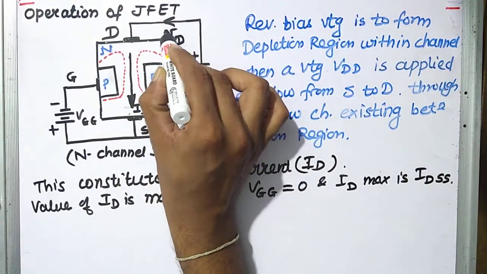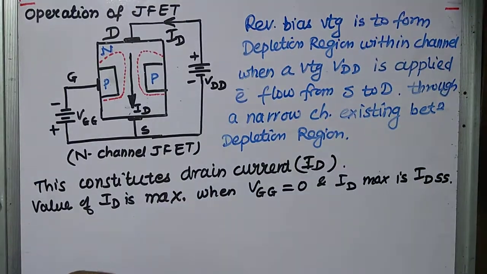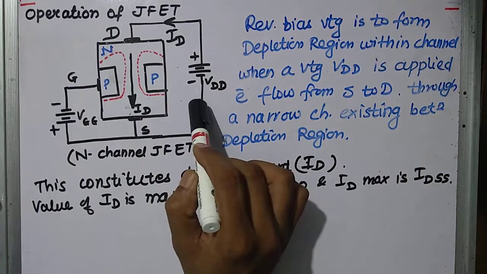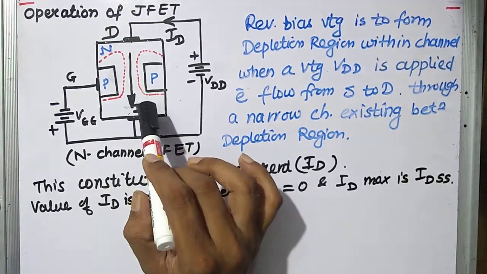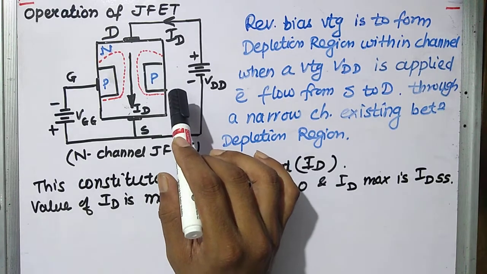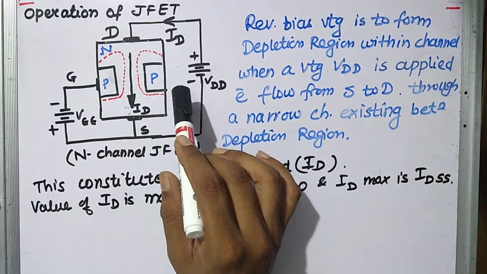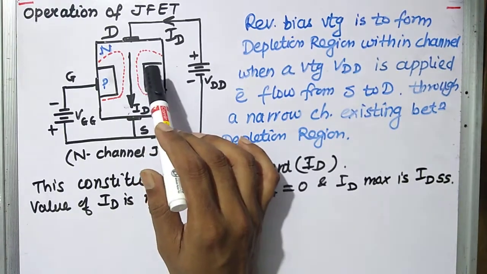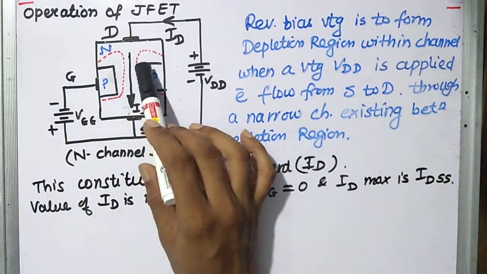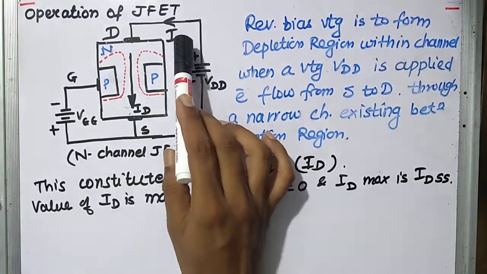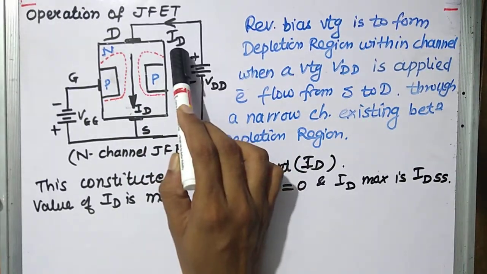This is the conventional current direction. It will flow from positive terminal of battery to the negative through the N channel. So the electrons flow from source to drain through the narrow channel between the two depletion regions. So this will constitute the drain current, as I have mentioned here.